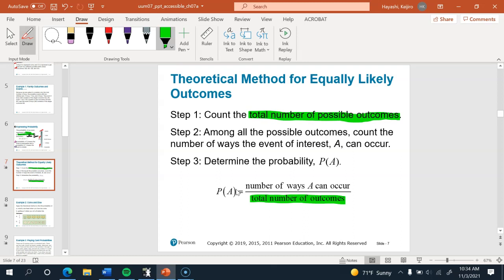Right, so if you're rolling a single die, that number is 6. There are 6 outcomes that can happen. If you're picking a card from a deck of cards, there are 52 different cards in a deck of cards. If you are flipping a coin, there are 2 ways it can come up. That is that number.